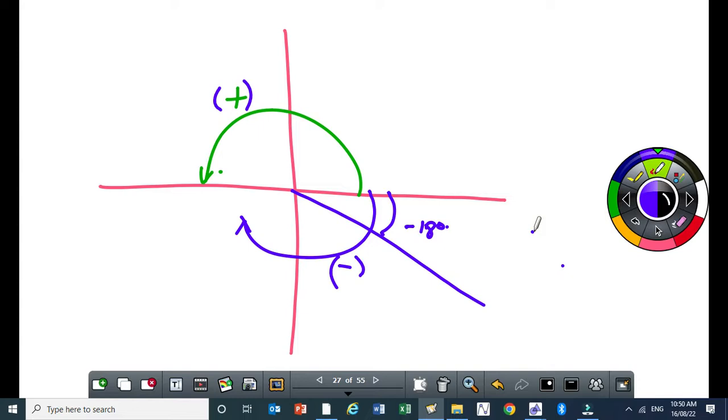If they are negative, we measure them from the x-axis in a clockwise direction. So minus 18 degrees is in the fourth quadrant. But the ratio of tan in the fourth quadrant is what? Negative. So if you take your calculator and say tan minus 18, you will get a negative ratio. Do that. Tan minus 18.